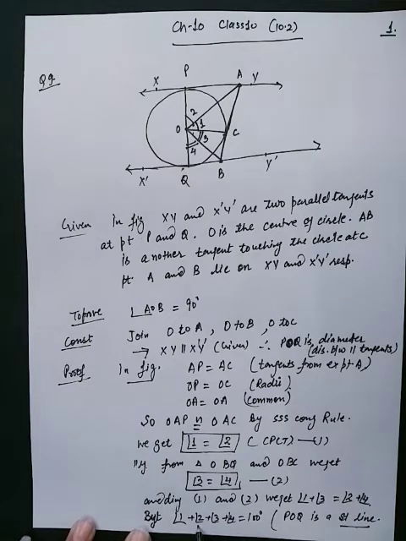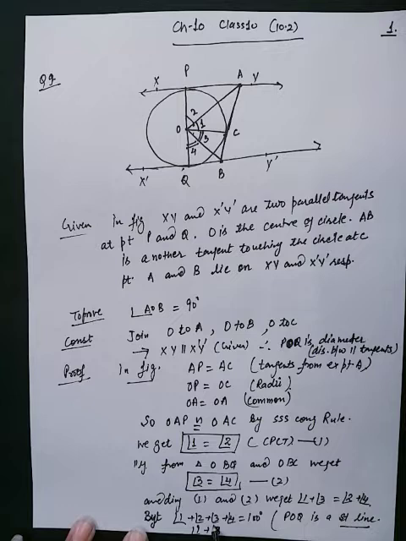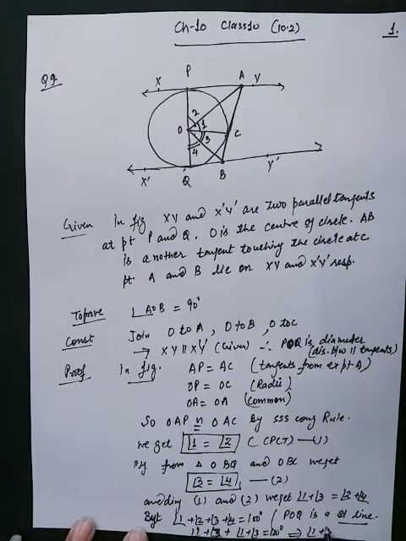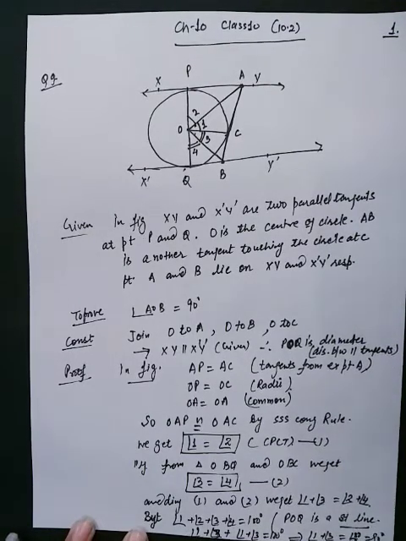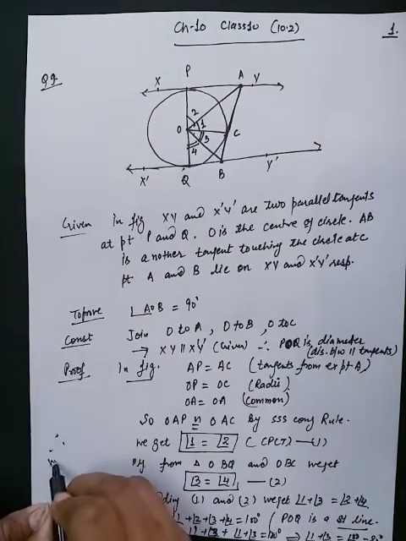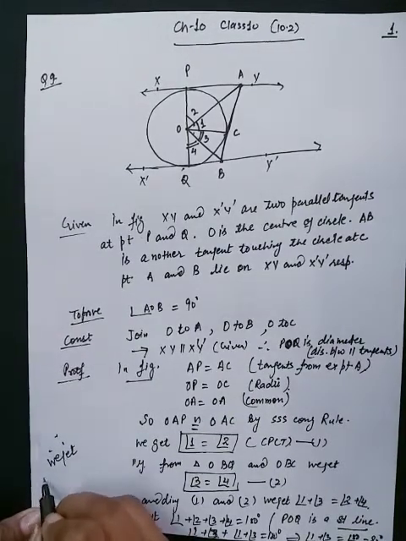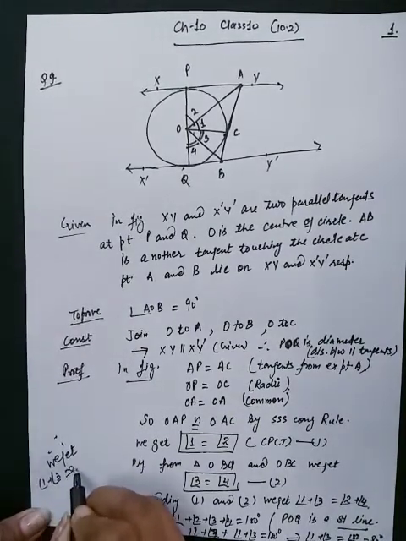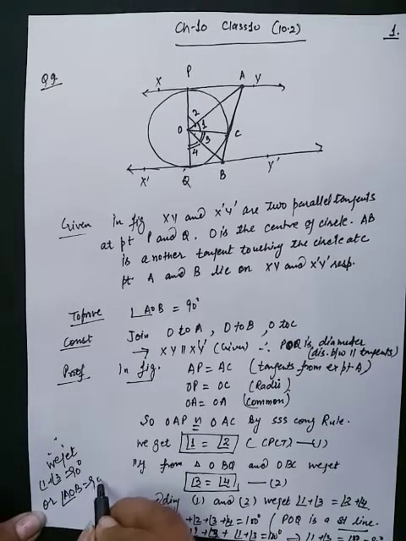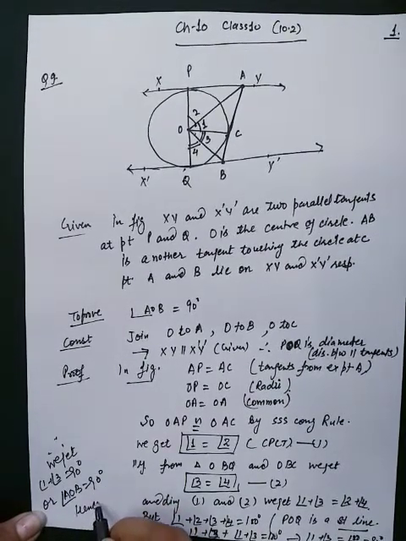So we can interchange these two values, and from this we get angle 1 plus 3 is equal to 180 by 2, which is 90 degrees. So angle 1 plus 3 is equal to 90, or angle AOB is equal to 90 degrees. Hence proved.